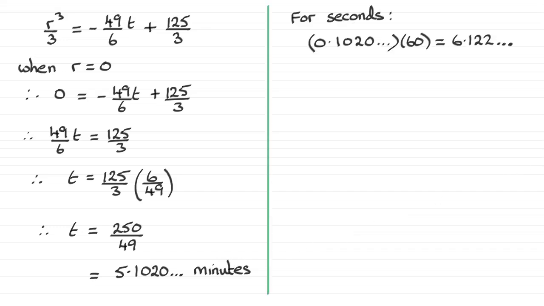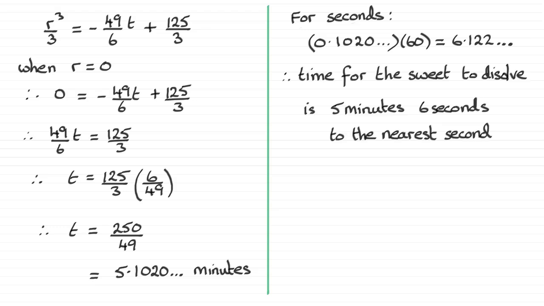If you do that, you should end up with 6.122 and so on. So we know then that the time taken is 5 minutes and 6.122 and so on seconds for that sweet to dissolve. And so if you round that to the nearest second, then it's going to be 5 minutes 6 seconds.